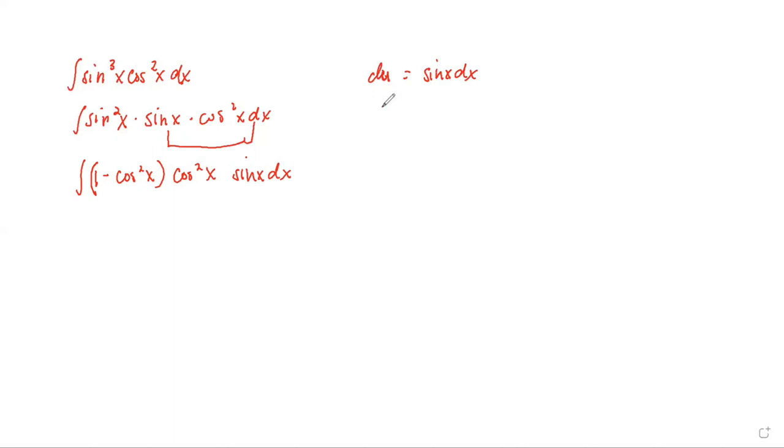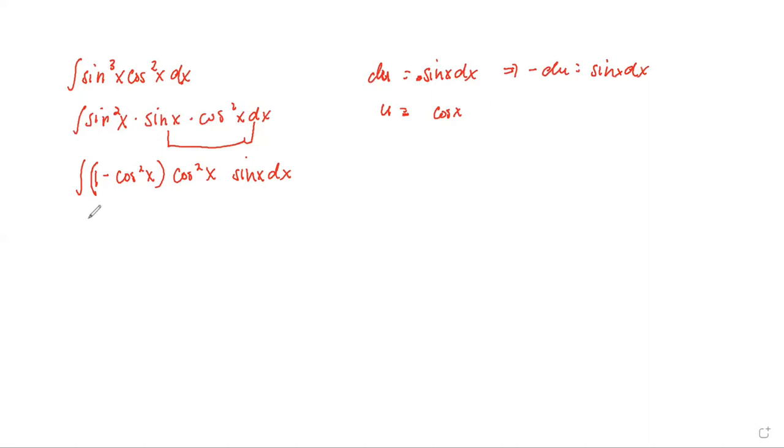Therefore, if you let your u to be equal to cosine x, then your du, as here, this will become negative sine x dx. Okay? Therefore, negative du will be equal to sine x dx.